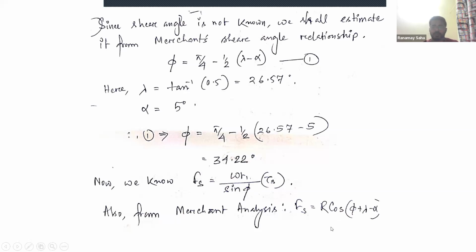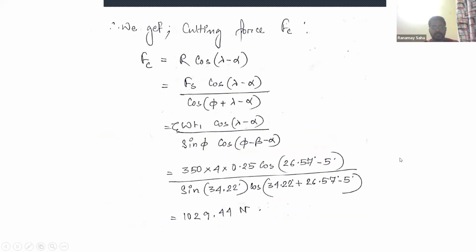Now, this is something not known. So you can just take it out in terms of the known terms as R equal to the shear force Fs upon cos of phi plus lambda minus alpha. In that case, you can plug it in here in the equation for cutting force.